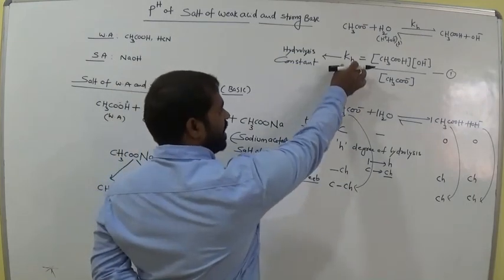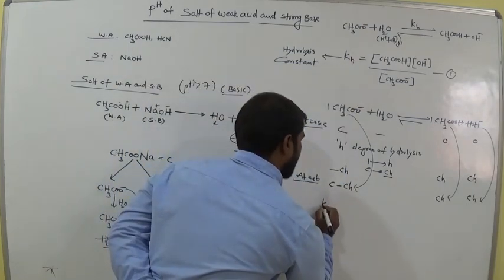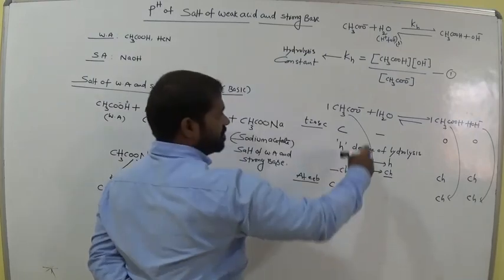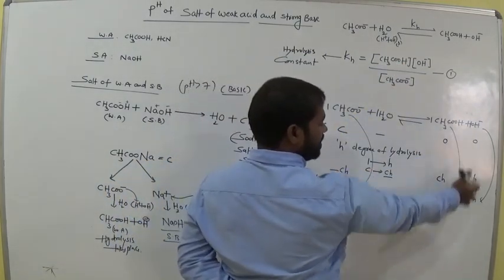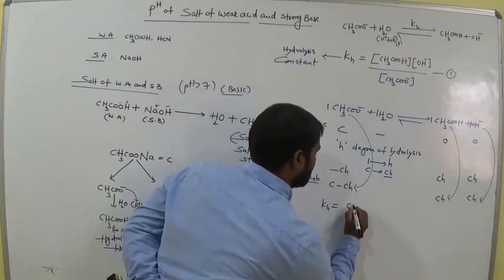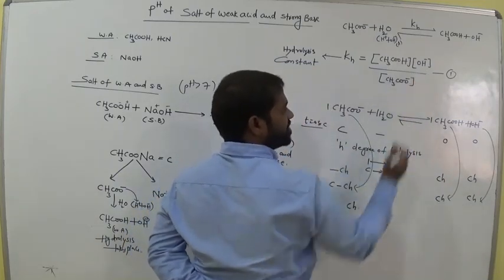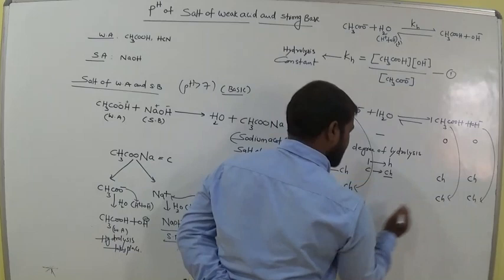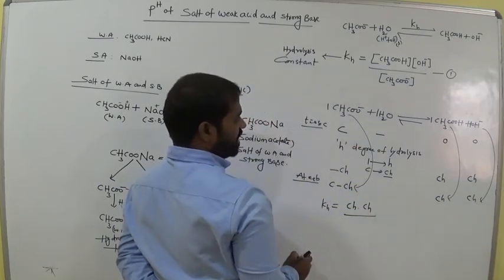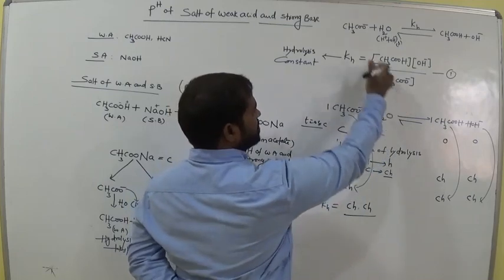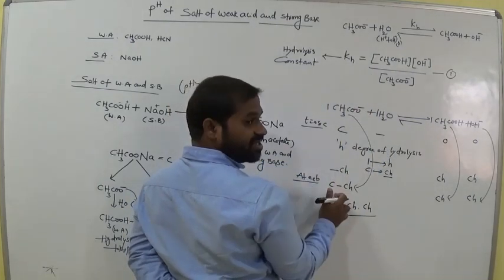Now calculate the value of Kh here. Kh equals, now CH3COOH: what is the concentration at equilibrium? Ch. Am I right? And what about the OH minus ion concentration here? It is also Ch. Clear? Divided by, now what about the acetate ion concentration at equilibrium?